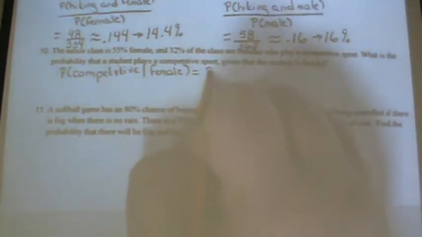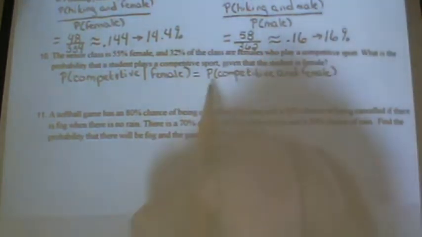And this translates in the equation as the probability of competitive sport and being female divided by the probability of being female.